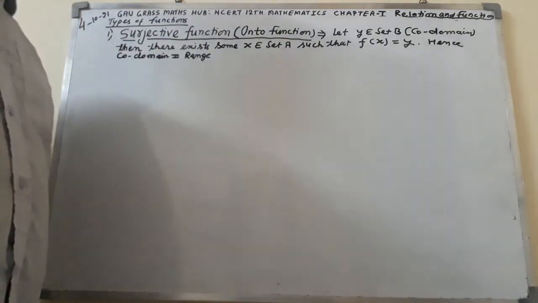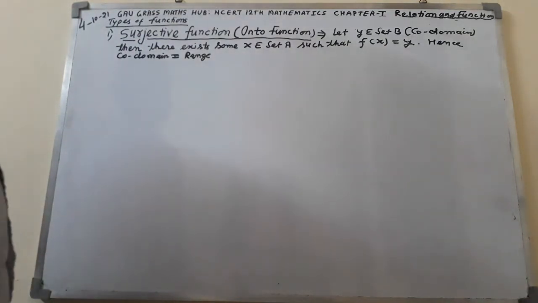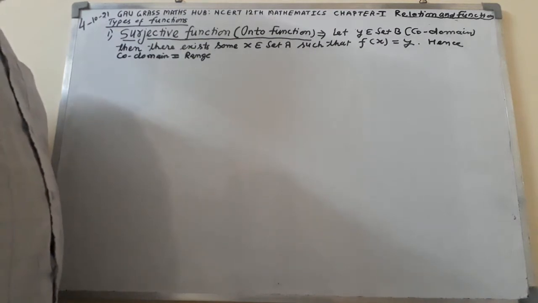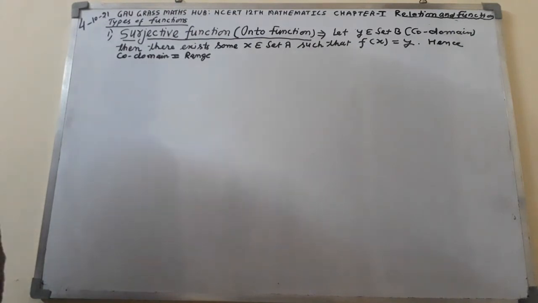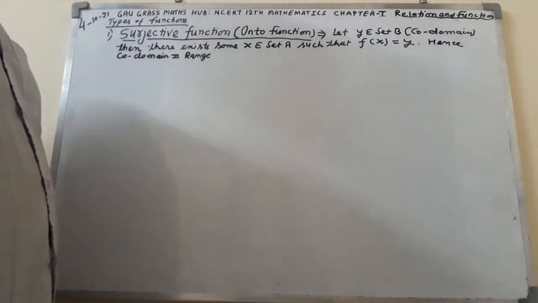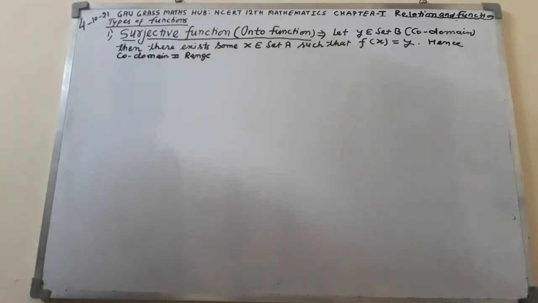This is the general definition we must remember: a surjective function is also called an onto function, where for every y in the codomain there exists some x in A such that f of x equals y, and the codomain equals the range.